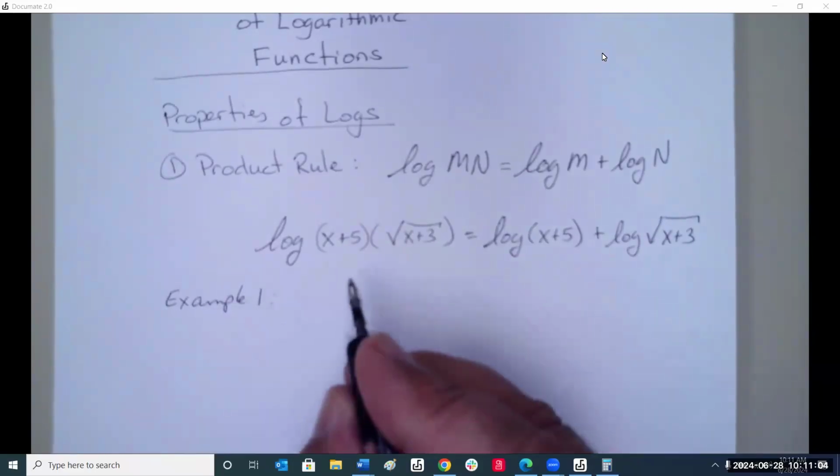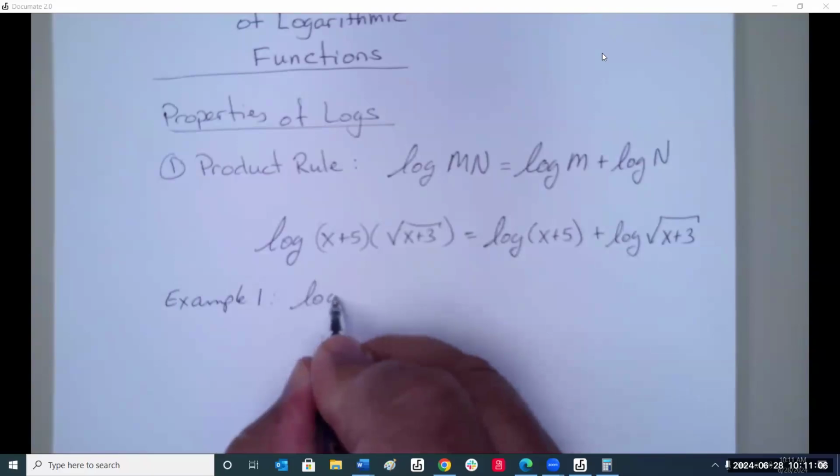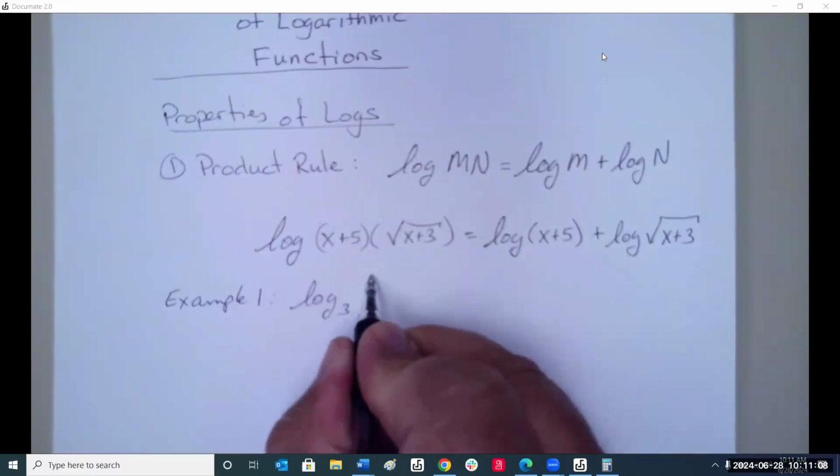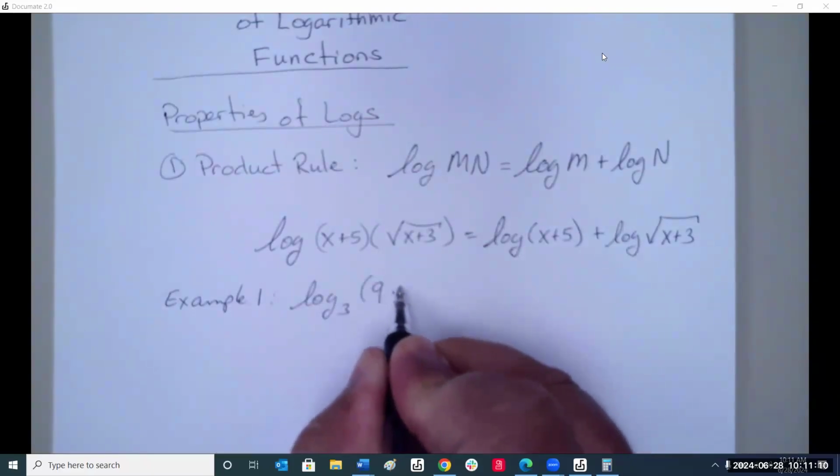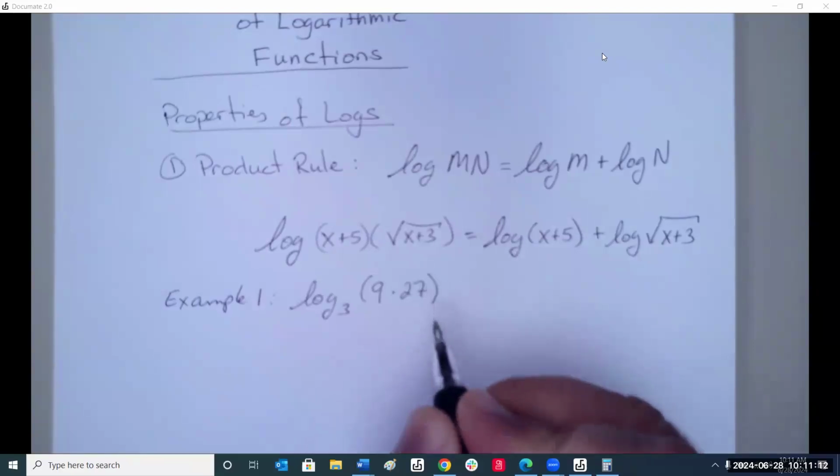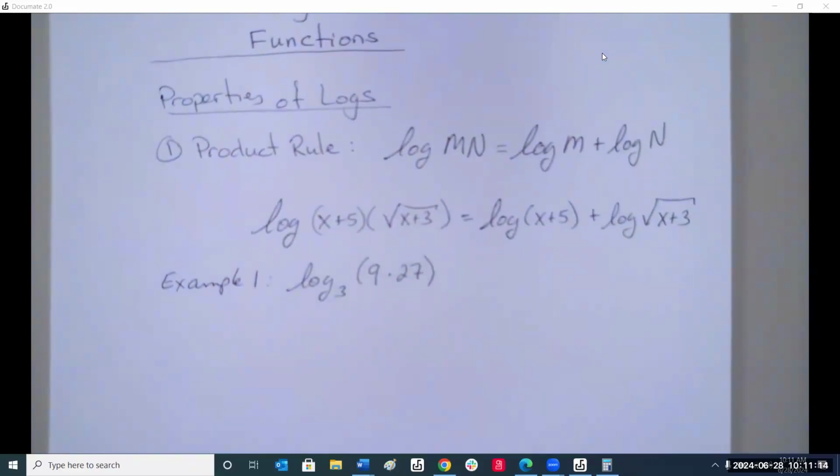Example 1. The log base 3 of 9 times 27. Take this as far as you can.